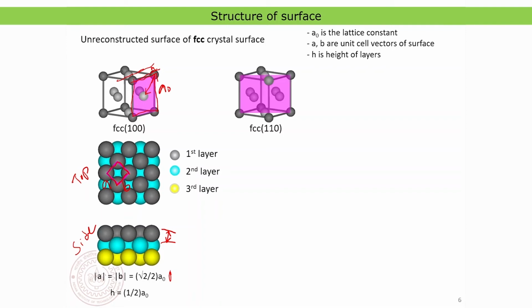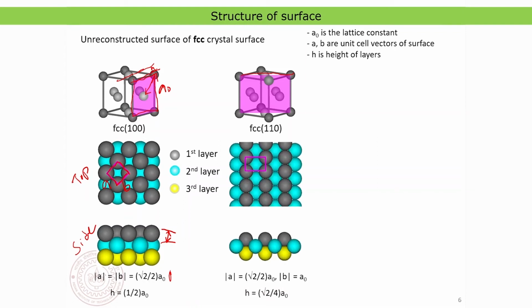Now, similarly, we can also have a look at the FCC 110 lattice, and that plane is created by cutting through the diagonal of the bulk lattice. If you view that plane, the FCC 110 plane, you would recognize that the atoms are arranged at the corners of a rectangular lattice, and that is the difference here.